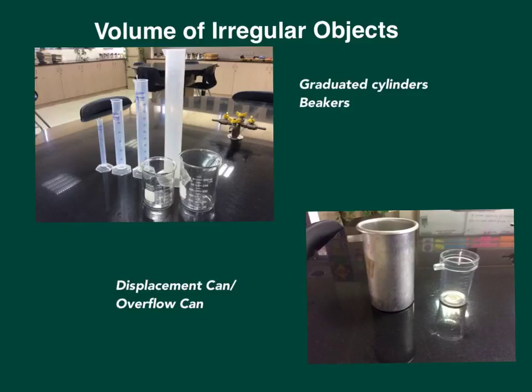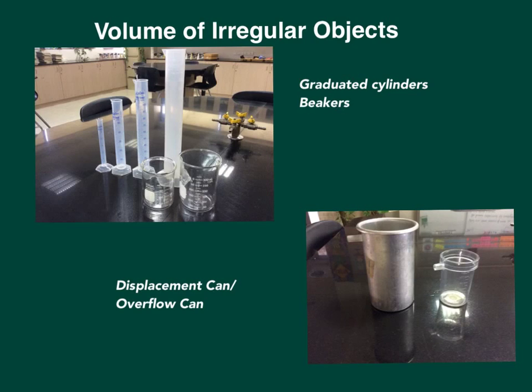An irregular object is an object that does not have a symmetry, or an object that does not have an even shape. So if you remember, in the science lab, we have used a couple of different tools to measure the volume of irregular objects. We can use these long cylindrical tubes that are called graduated cylinders. And we noticed that graduated cylinders come in different sizes.